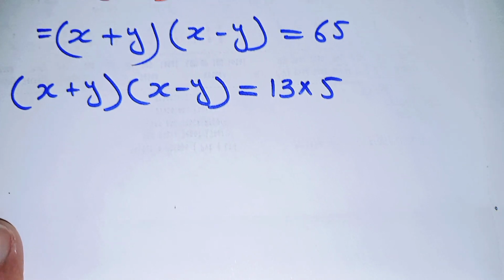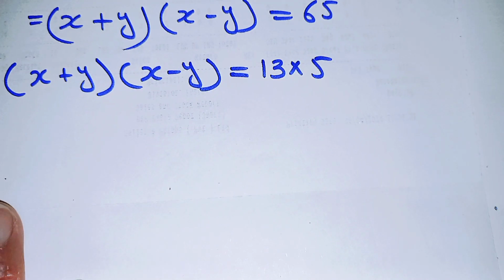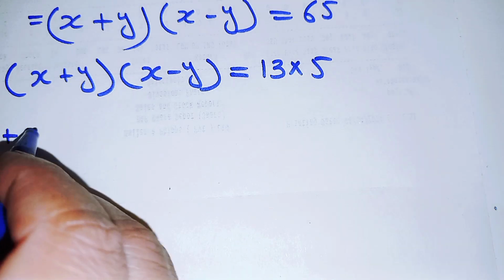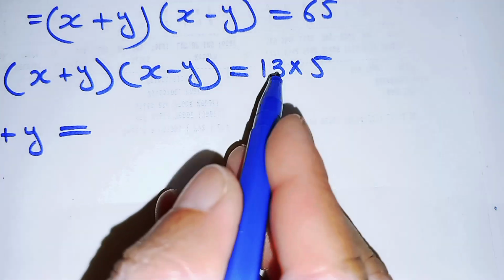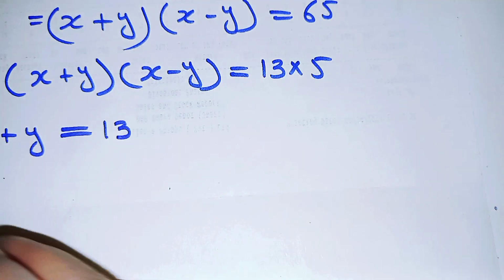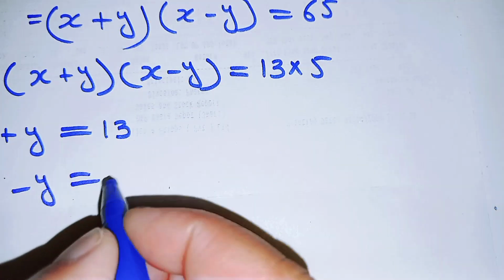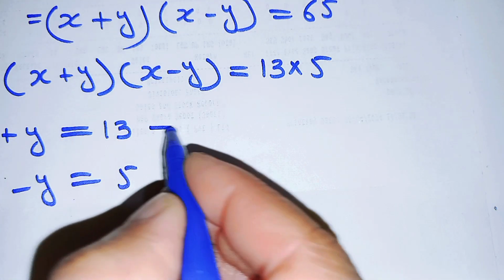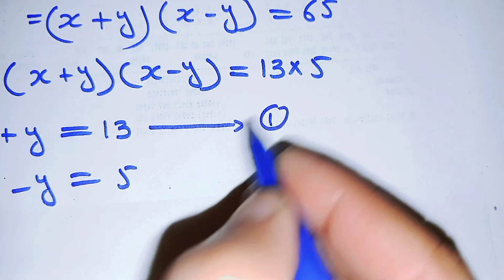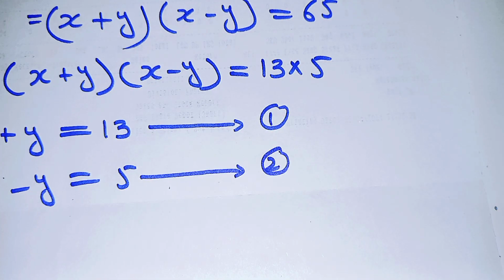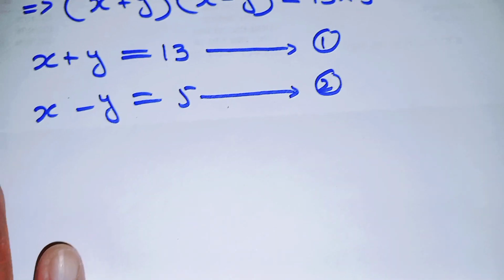So x plus y is equal to 13, and in the same way x minus y is equal to 5. Here is the first equation and here is the second equation, so we solve them.